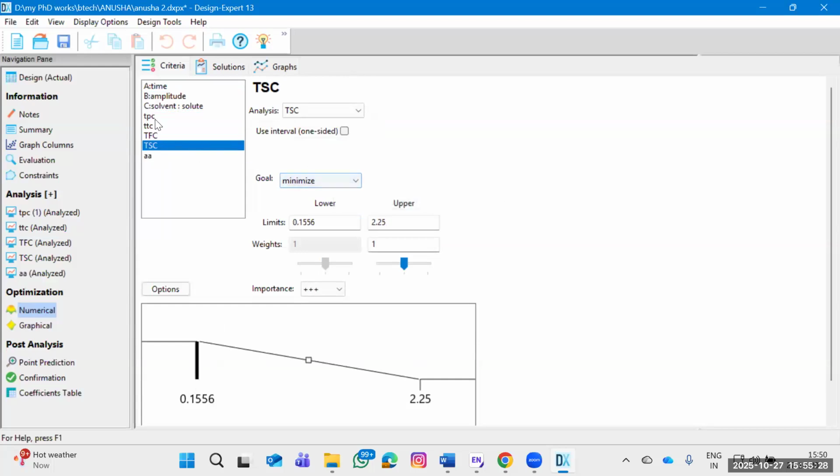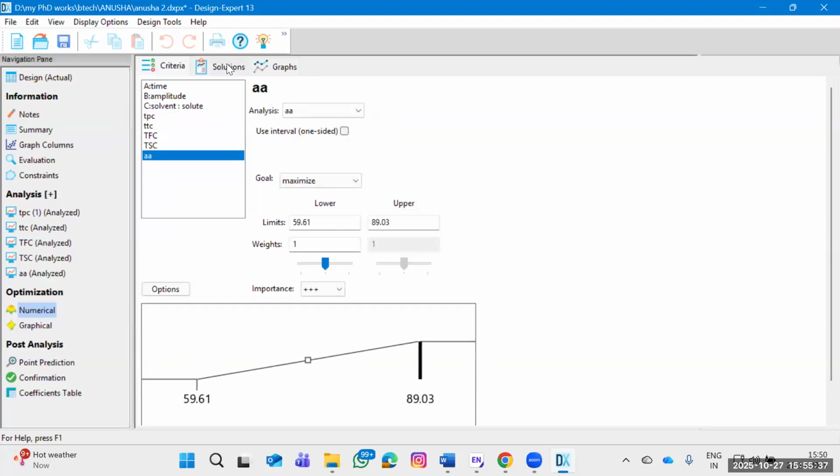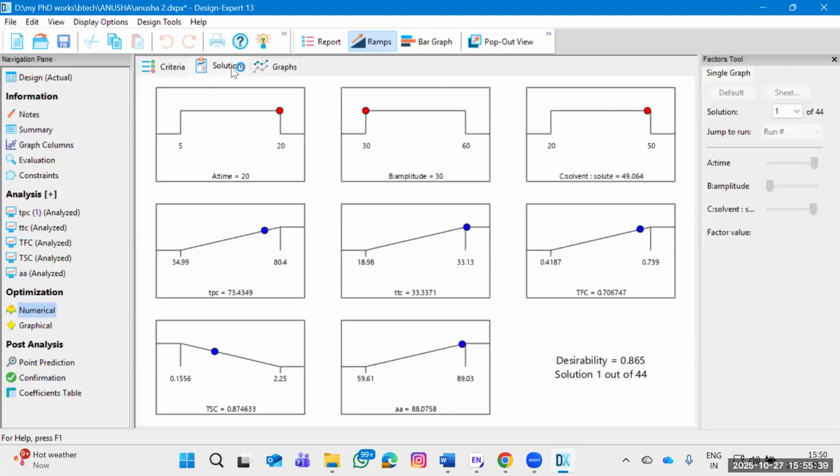So we'll take all these values as maximized, and where this is happening, the value is minimized. After keeping all these maximized and minimized, we'll go for the solution, where we can see that at a specific time, amplitude and solvent ratio, all the values we kept as maximization are maximized, and those we kept as minimized have the minimized value.